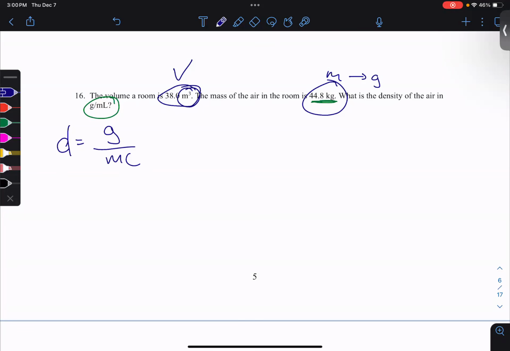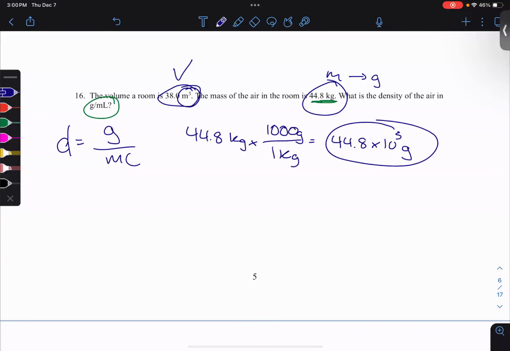The numerator in this density is going to be 44.8 kilograms. 1 kilogram is 1,000 grams. Is that something you need to memorize? Yes. And so there is 44.8 times 10 to the 3 grams of air in this room. So that's your numerator. Now the hard part is getting the denominator. We have 38.0 meters cubed, but I need to get that into a milliliter.